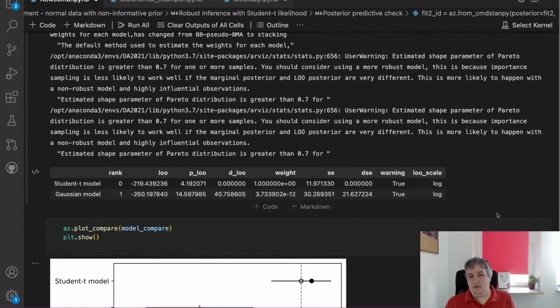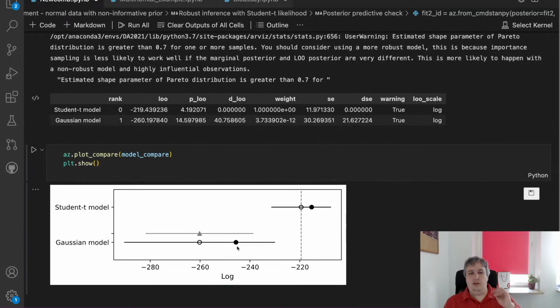which we can get in the form of a table or using this nice kind of plot inspired by Richard McElreath's book. Generally, what does it mean? It means that the student model is in this sense better. Those bars represent the uncertainty about the value of the out-of-sample predictions, which are given by this open circle, and black are the in-sample predictions.